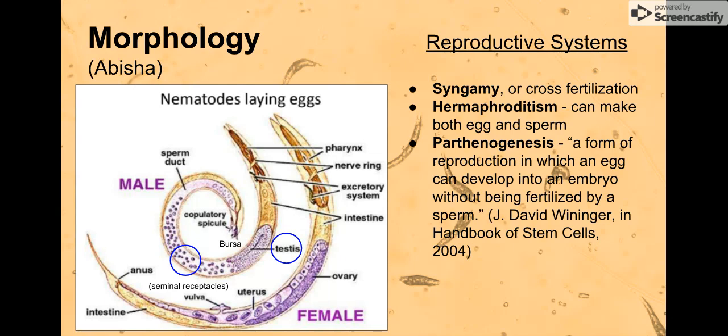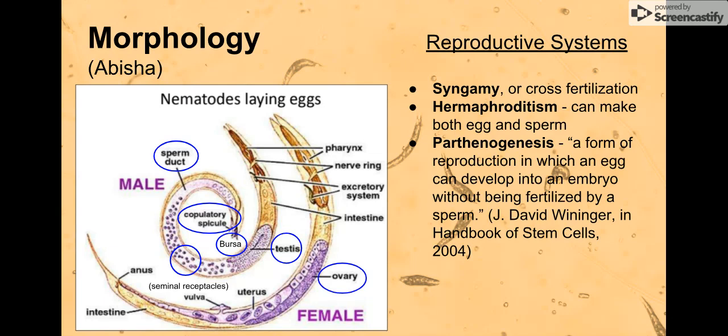And then these flow through the sperm duct, which then are ejaculated through the copulatory spicule. Often, male nematodes have a bursa, which looks like a fan-type structure that they use to hold on to the female nematode so they can process their spermatozoa.